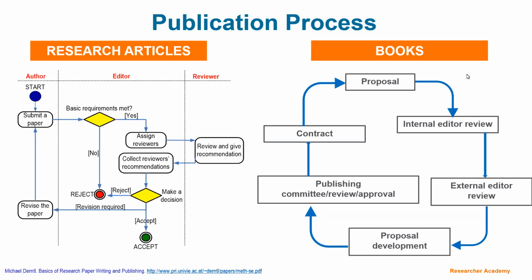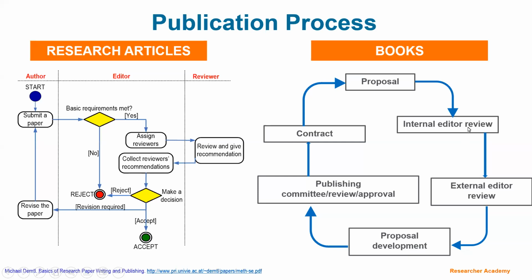After you prepare your proposal, you will submit it directly to the publisher. The publisher can be Elsevier or any other publisher. After submitting your proposal to a target publisher, it goes through two levels of review. The first level is the internal editor review, and the second is an external editor review.